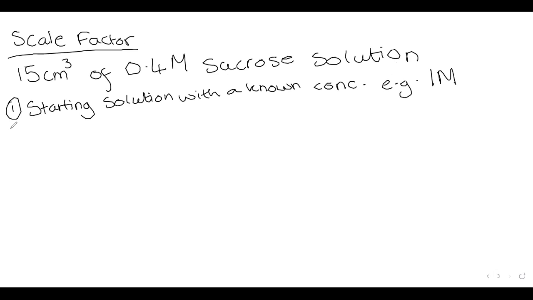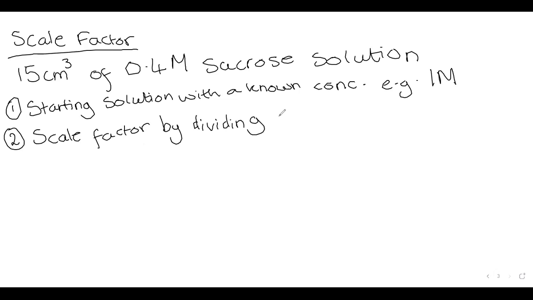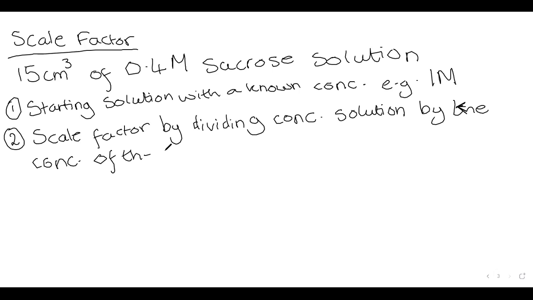The second thing you do then is find the scale factor. And we do this by dividing the concentration of the solution we have by the concentration of the solution we want to make.